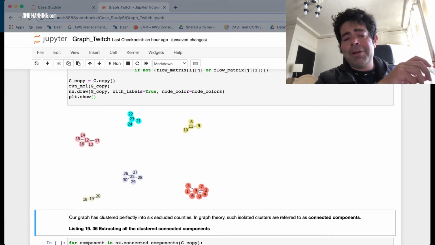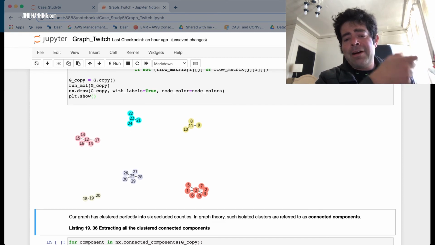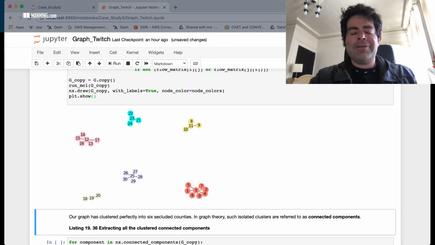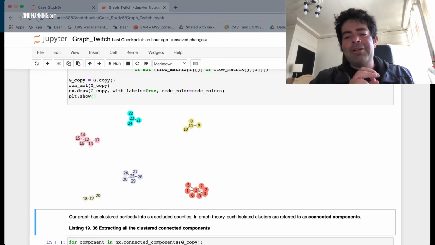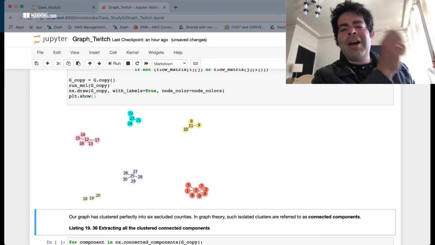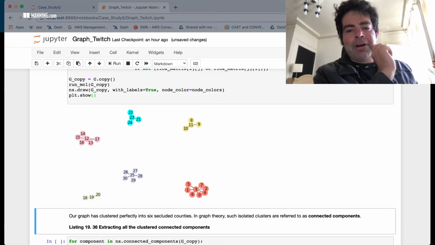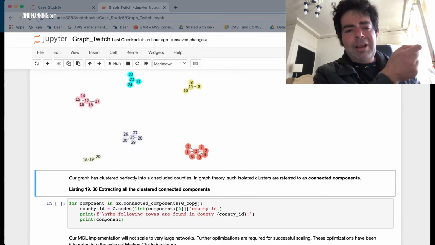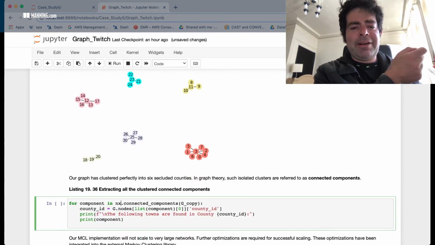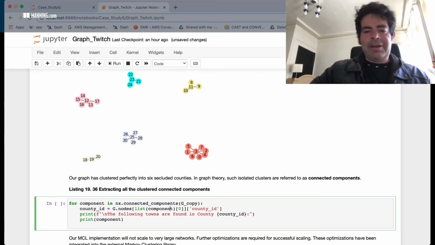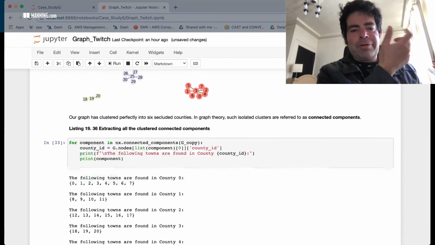Identifying connected components in a graph is very easy. It's one of the most basic graph algorithms out there, and you can do it using a basic breadth-first search. I'm not going to get into the details of the algorithm because unfortunately I don't have time. But if you'd like to learn more, please check out my book, Data Science Bootcamp, where we discuss the algorithm in much more detail. However, NetworkX has a very convenient connected components function that we're going to apply to our graph to get out all the connected components, which are basically our clusters.